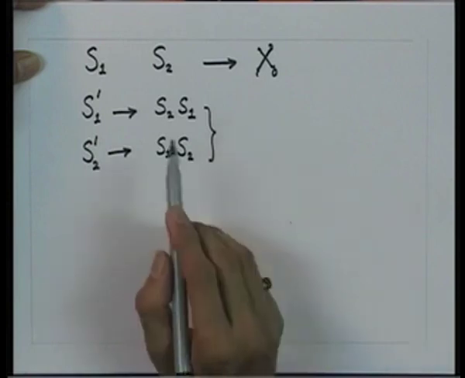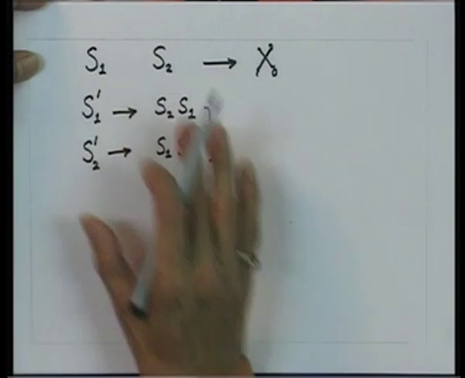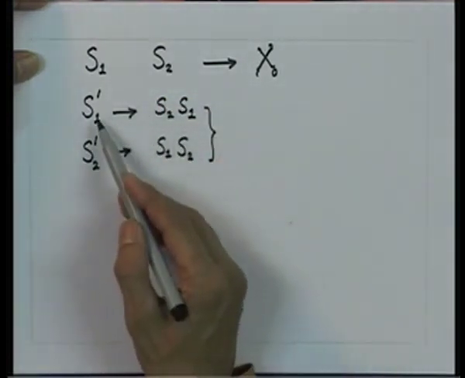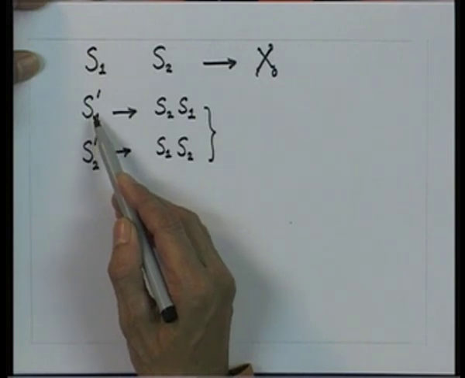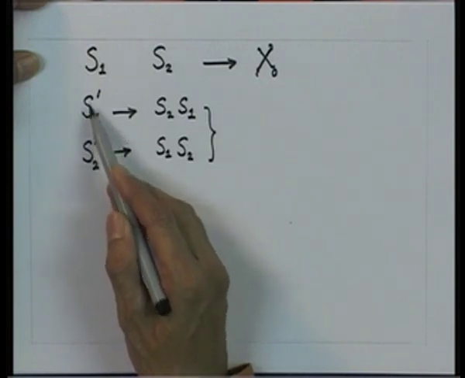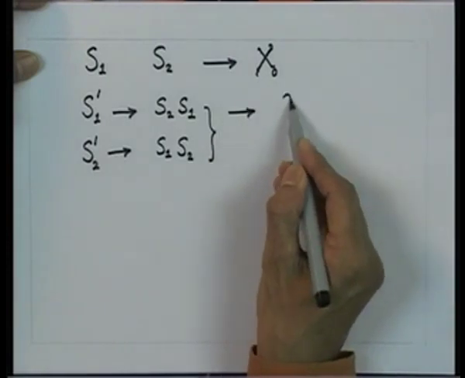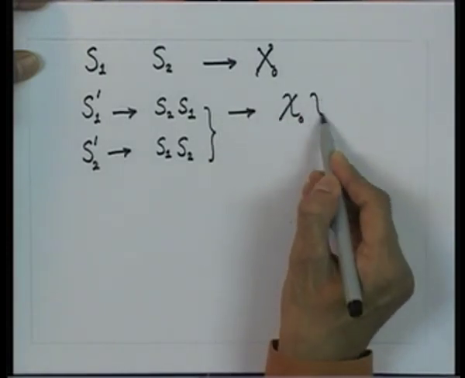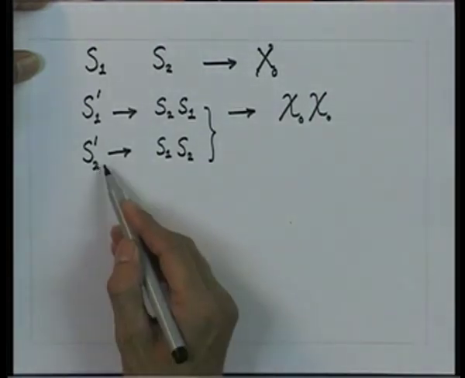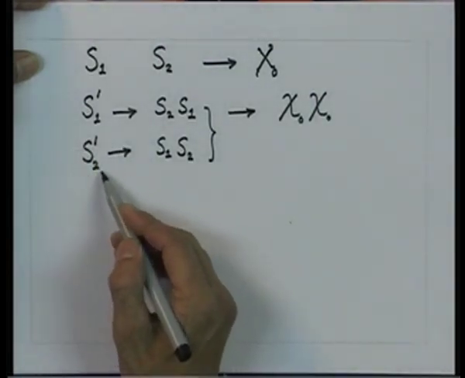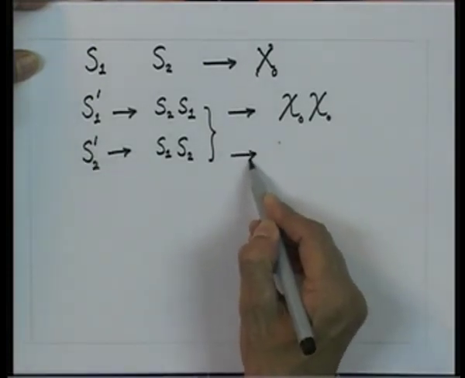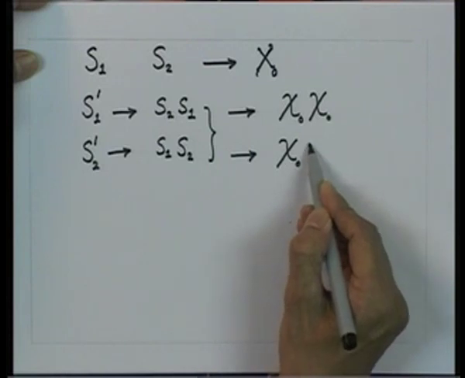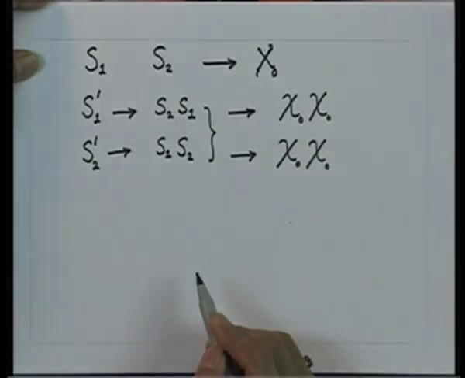Now, if you assume that the codes are block codes, then the sequence of code symbols corresponding to S1 prime would be nothing but x0, x0, and the sequence of code symbols corresponding to S2 prime would again be x0, x0.